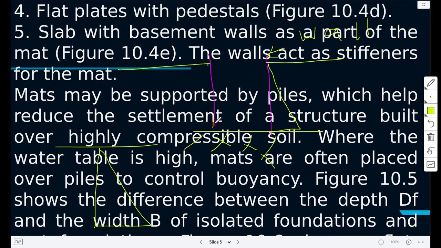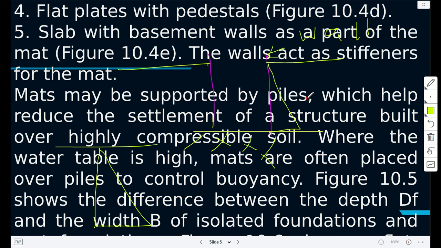So what you do normally is design a retaining wall. A retaining wall could be a sheet pile sometimes, but sometimes you could use reinforced concrete. Once you use reinforced concrete, normally the function is just to support the excavation so that it doesn't collapse.